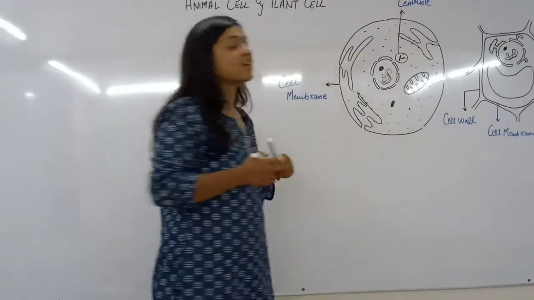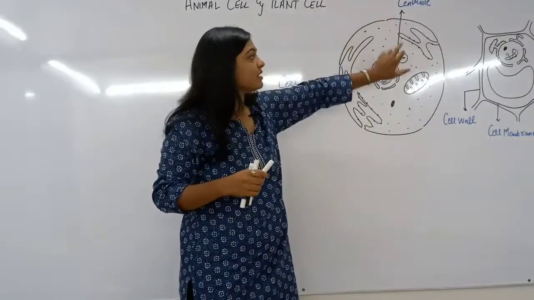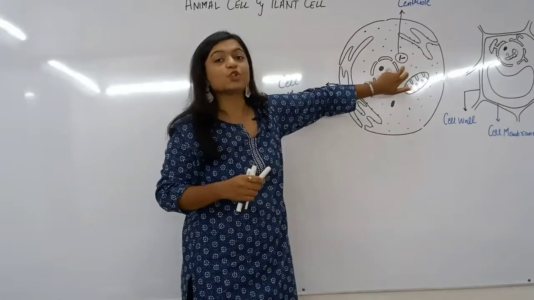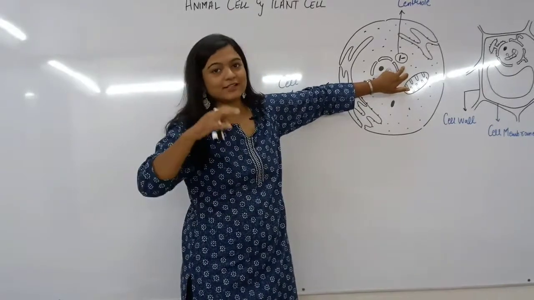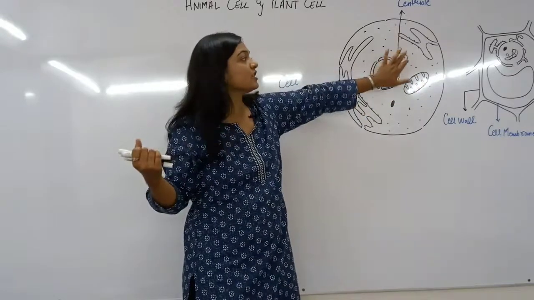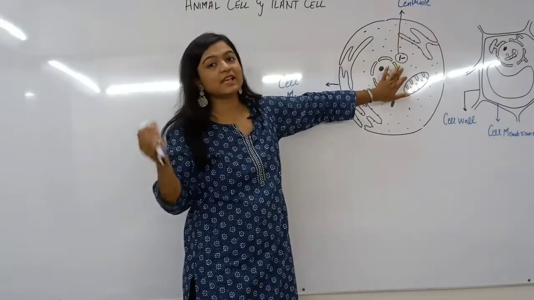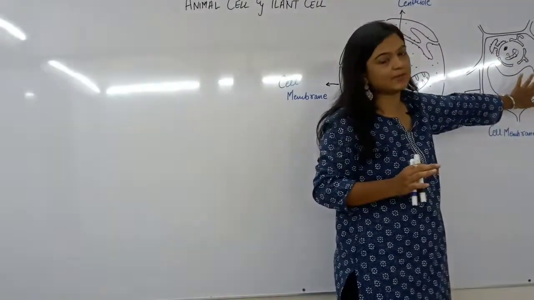Centrioles are specific to animal cells. Centrioles are organelles which contribute in cell division. They form aster rays and spindle fibers which help in the splitting of chromosomes. So centrioles are distinct and specific to animal cells. They are not found in plant cell.